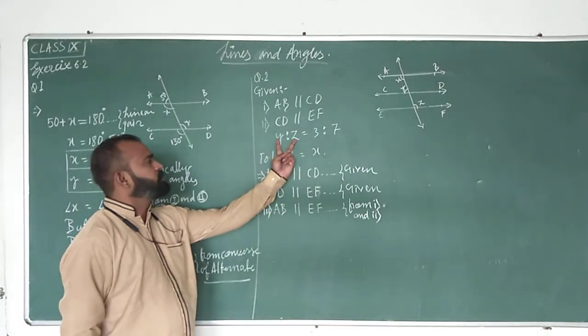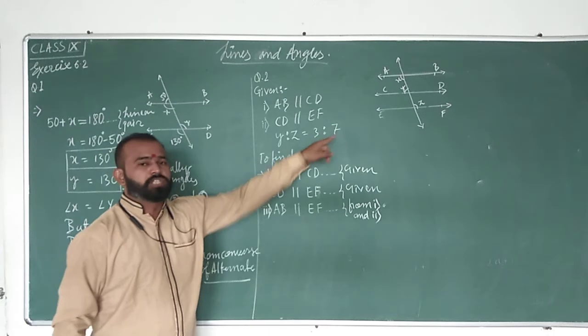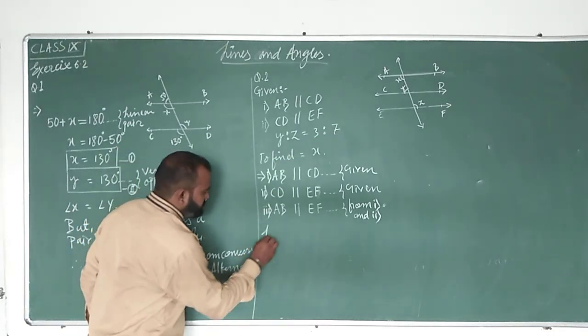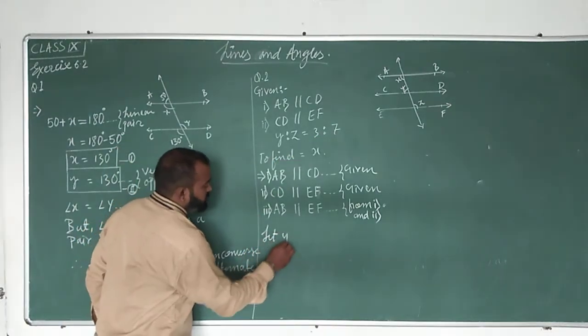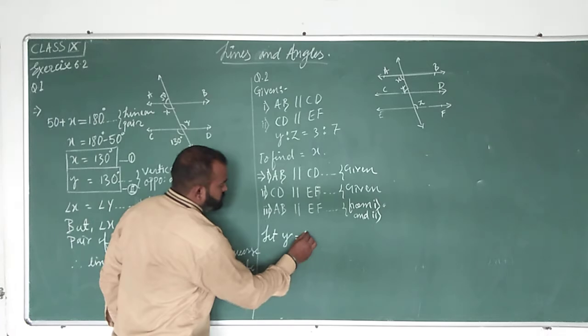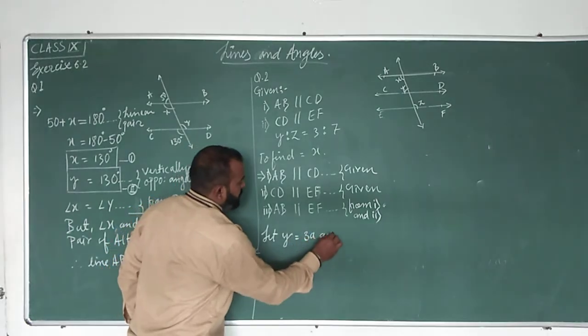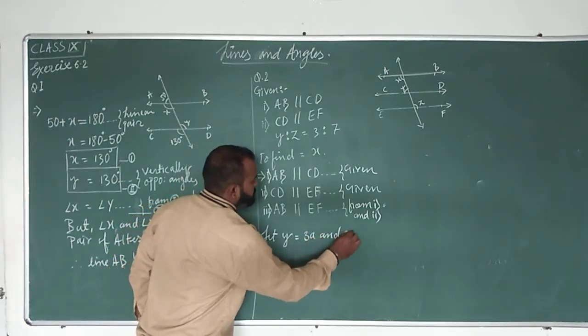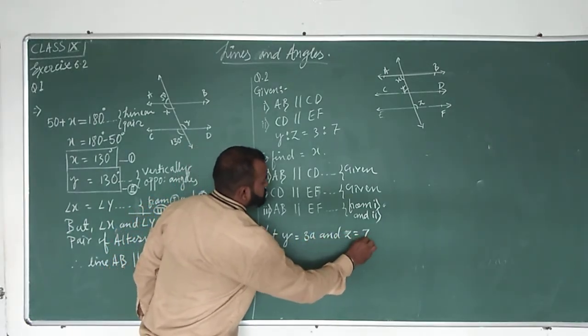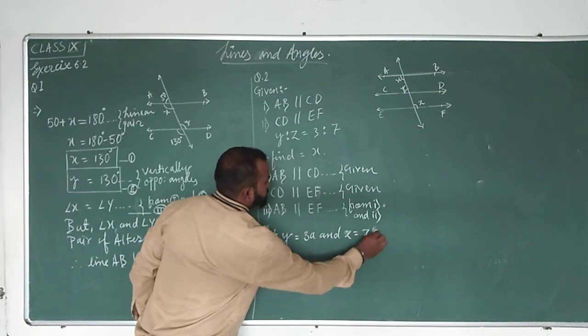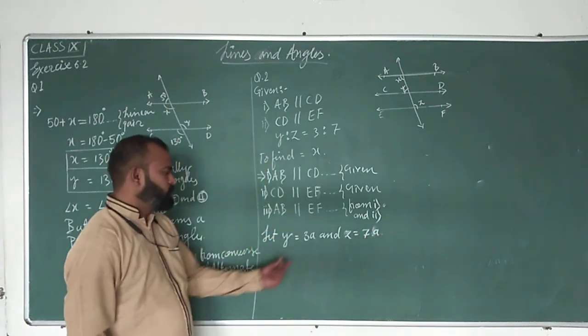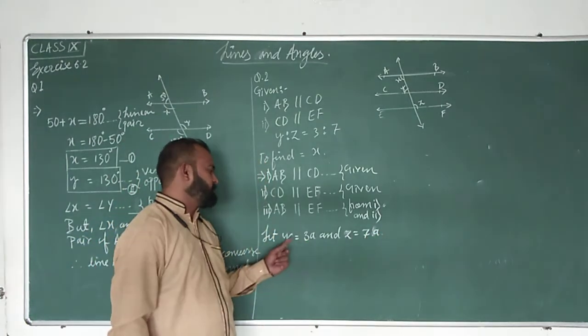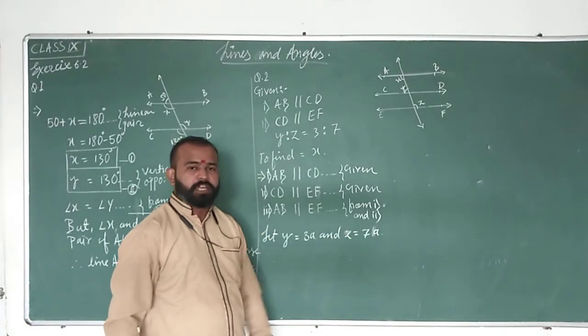We will assume y is to z is 3 is to 7. So y is equal to 3a and z is equal to 7a, as they are in ratio.